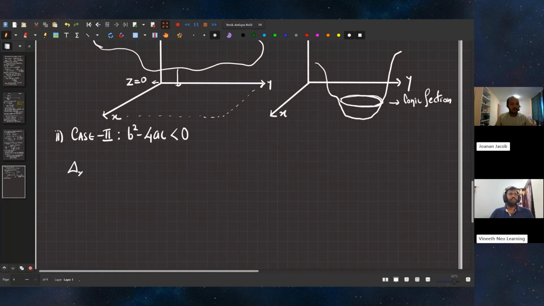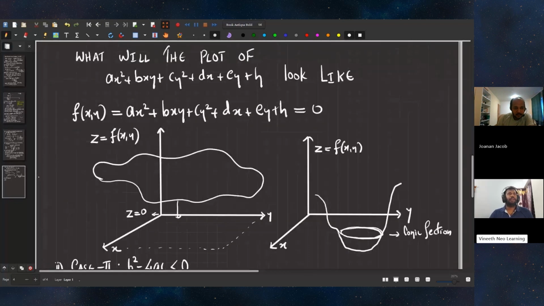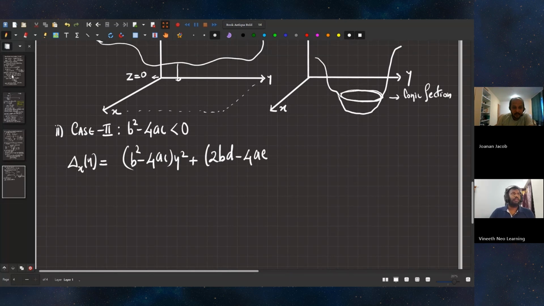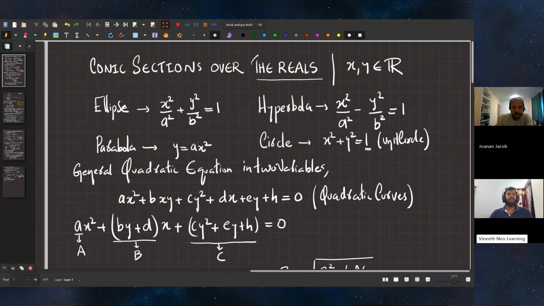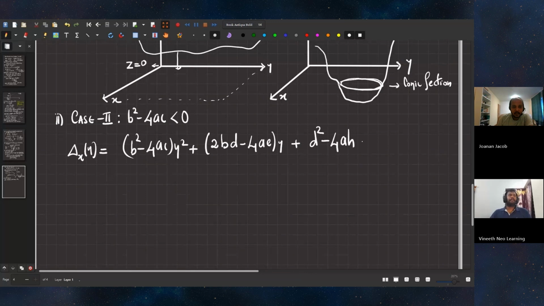What is our discriminant of x in terms of y? It is b squared minus 4ac times y squared, plus 2bd minus 4ae times y, plus d squared minus 4h.